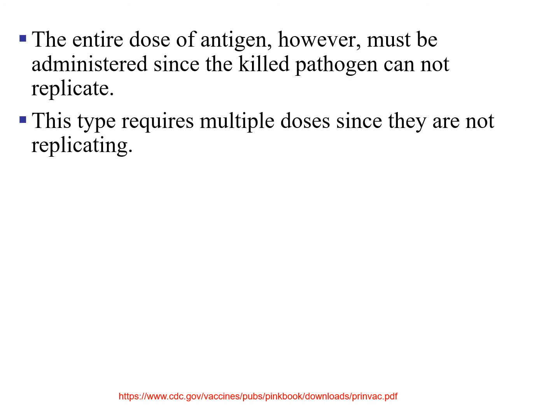This type requires multiple doses since they are not replicating. So with the living virus, you can give the patient a little small injection, because that virus will replicate. But since this pathogen is dead, you have to increase the amount of antigen you are putting into the person.